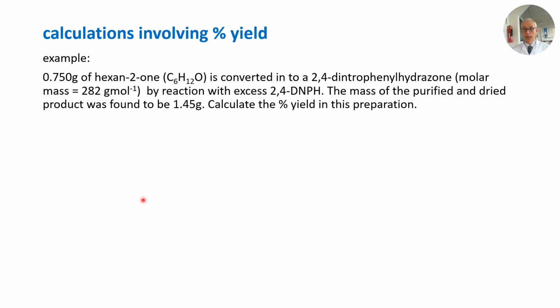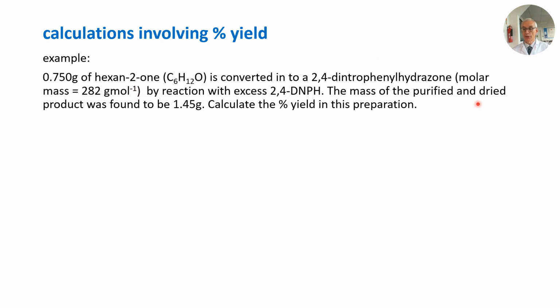So let's look at an example. 0.75 grams of hexan-2-one is converted into 2,4-dinitrophenylhydrazone, which has a molar mass of 282 grams per mole, by reaction with excess 2,4-DNPH. Now, the reaction of a ketone with 2,4-DNPH is on the specification, but the structure 2,4-dinitrophenylhydrazone is not, but we are given in the question the molar mass.